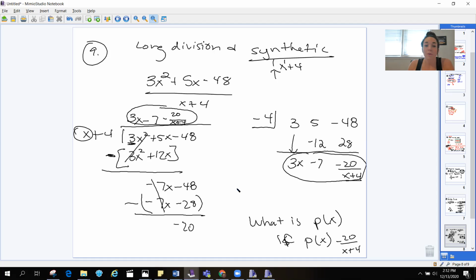They could also ask you something like this. What is q of x if 3x minus 7 plus q of x? And this is talking about what is the remainder. Okay, you need to know that notation. Okay, 2 questions over long division and synthetic division, and they're just like this.